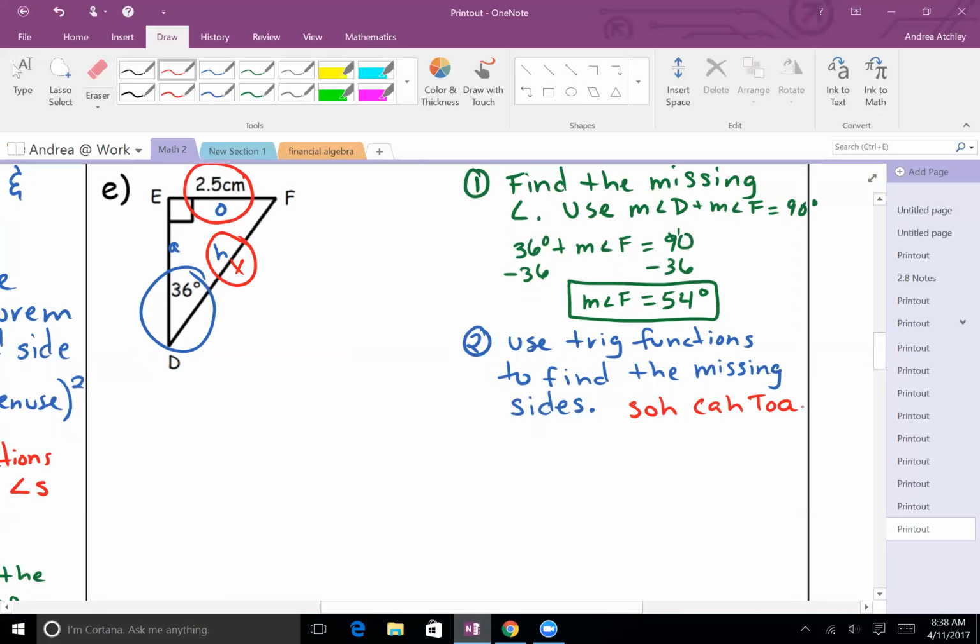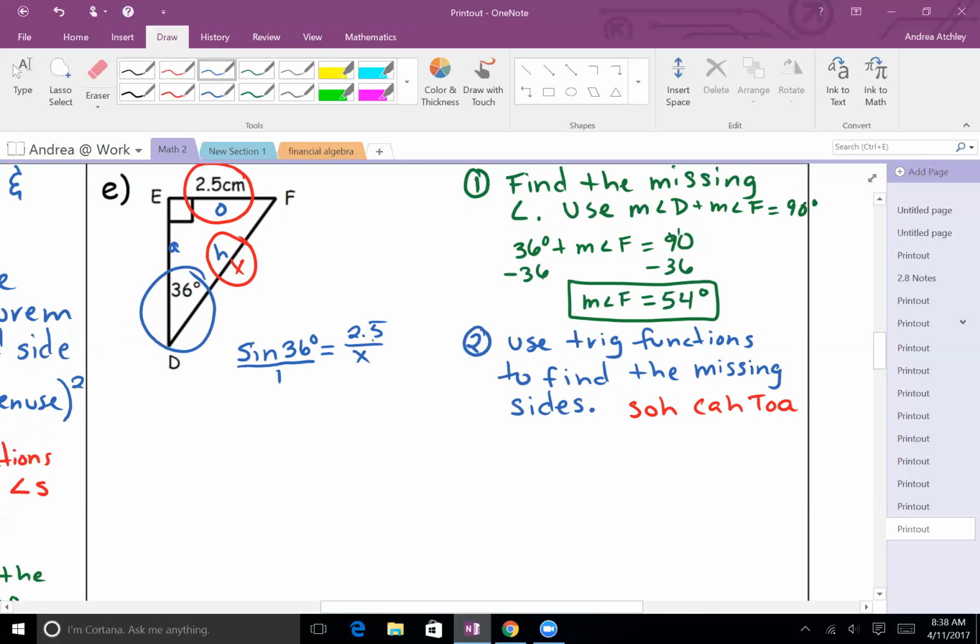Riley, which trig function am I going to use? The sine. We're going to use the sine of 36 degrees equals the opposite, which is 2.5, over the hypotenuse, which is my x. Any questions over that? Put this over 1, cross and multiply.